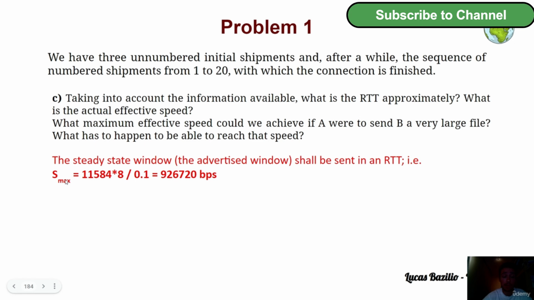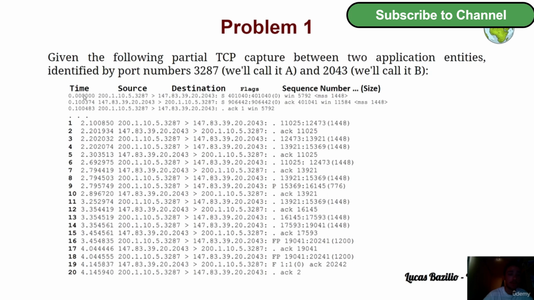So we want the maximum effective speed, once again in bits per second instead of bytes per second. So we just transform this value to bits. We multiply by 8, because if this value is in bytes, we multiply by 8, and so we now have the value in bits. And we divide this by the round trip time. Remember that the round trip time is the difference between these two first segments, which is 0.100374.